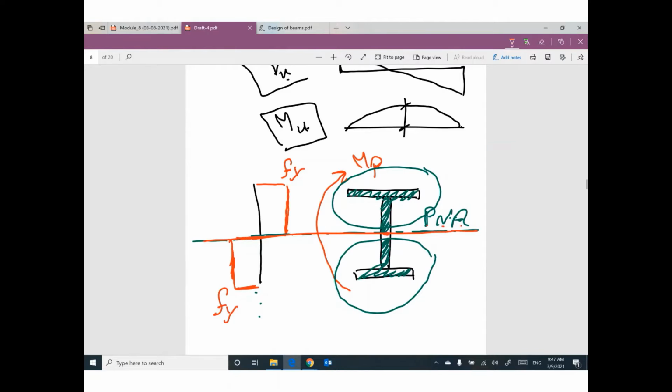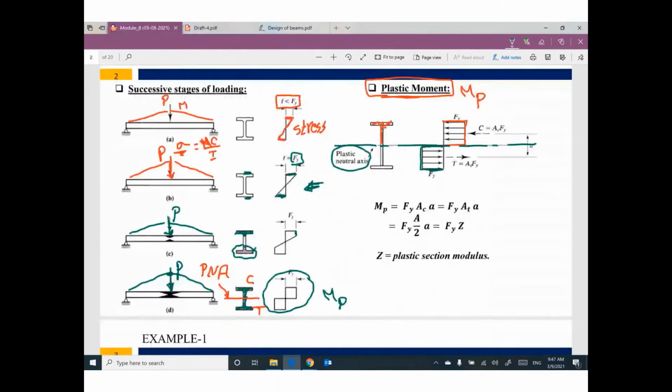If the cross section is not symmetric, then the plastic neutral axis will be somewhere. I don't know where exactly, but it will be in between. Any questions so far? Did you understand what is the meaning of plastic moment? Plastic moment is a moment, but called plastic because the whole cross section of the steel member is yielded.